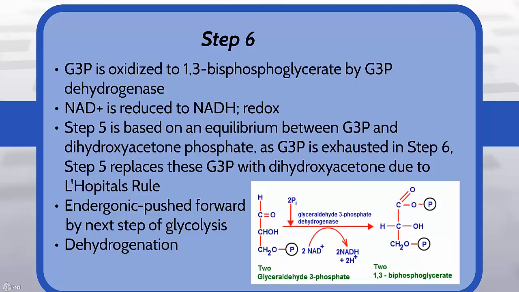Since G3P is depleted, dihydroxyacetone phosphate replaces it, which can then be exhausted in this step. This dehydrogenation is slightly endergonic, but thanks to the next step it is able to proceed.